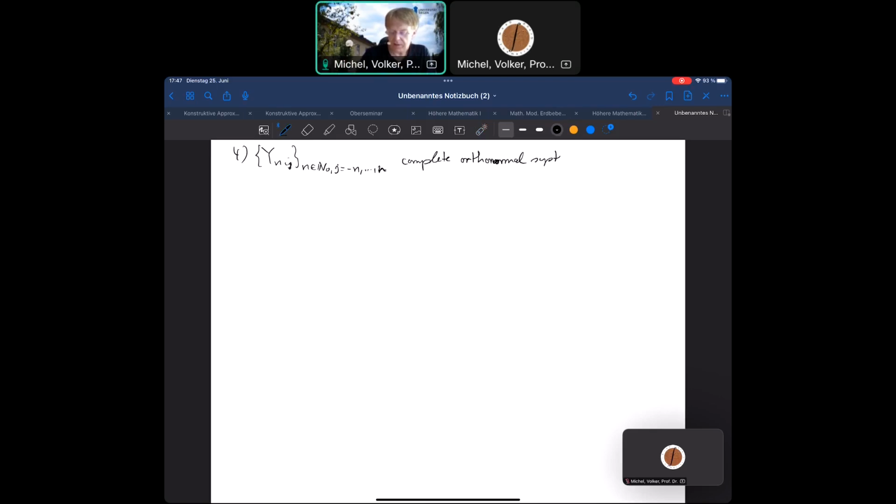You can equivalently say it's an orthonormal basis, a complete orthonormal system in L2(Ω), certainly with respect to the L2 inner product.